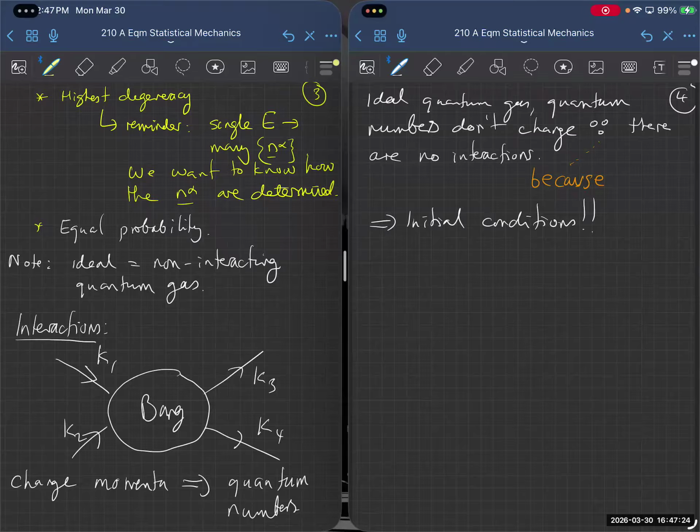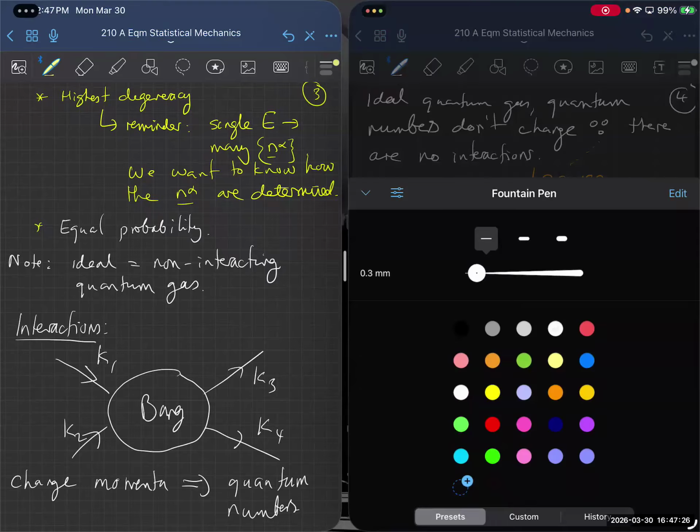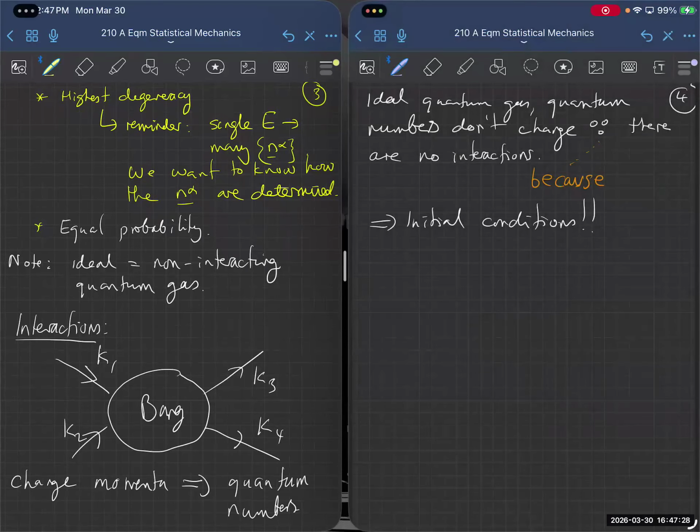Okay, so that's really bad, because if the quantum numbers don't change, then there's no statistical element in all of this. There's no statistical mechanics of this system.